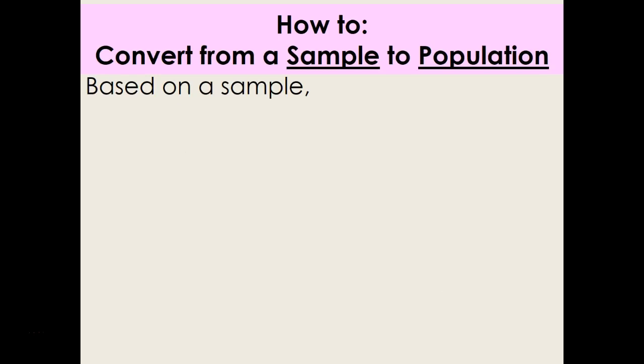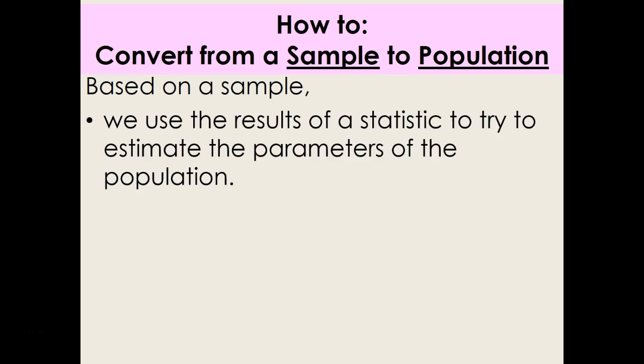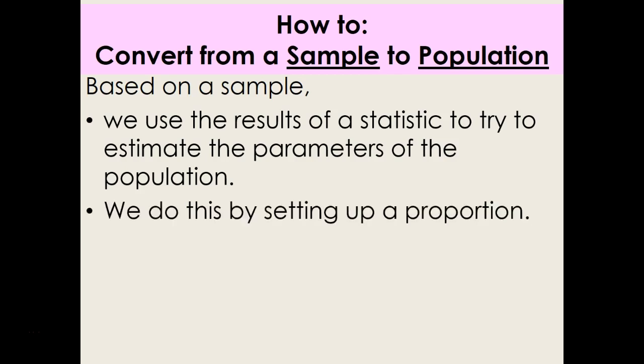There is a little bit of math here, or a little bit of computation, I should say, on how to convert from a sample proportion or sample number of responses to the population. Based on a sample, we use the results of a statistic to try to estimate the parameters of the population. In other words, if we have a good, unbiased, representative sample, we can use it to understand the population better.